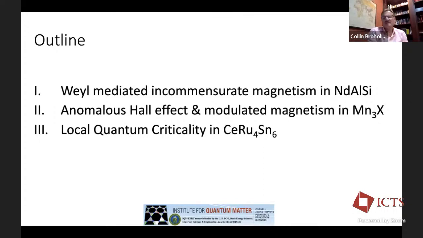The next topic will be manganese-3 tin. Some of you might be familiar with this material. It has an anomalous Hall effect, and we're going to talk about the magnetic structure that's associated with that. I'll present our determination of the magnetic order in this material, as well as a fairly new result where we found a quite interesting incommensurate phase that involves a mixture of both spin and charge modulation.